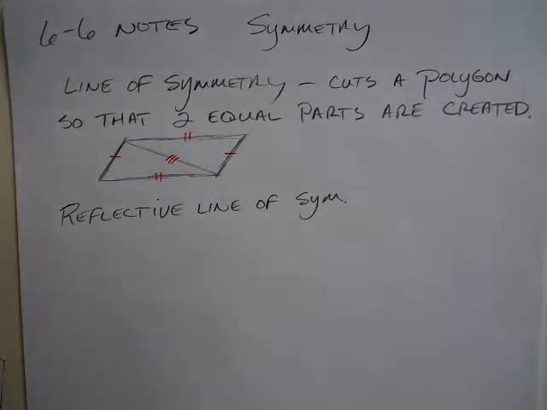I'll shorten the symmetry by sim. A reflective line of symmetry cuts a polygon or folds a polygon in such a way that each part folds in on itself.